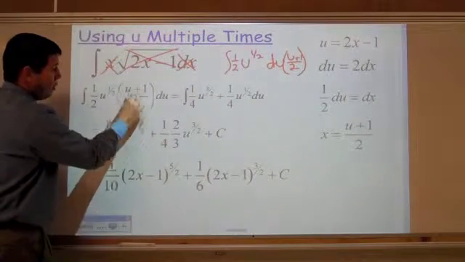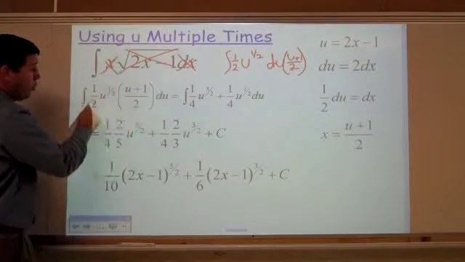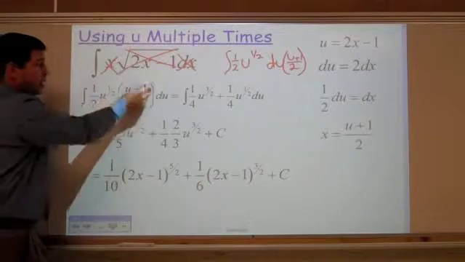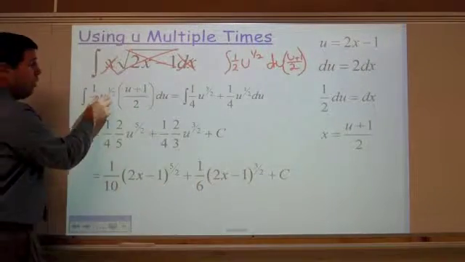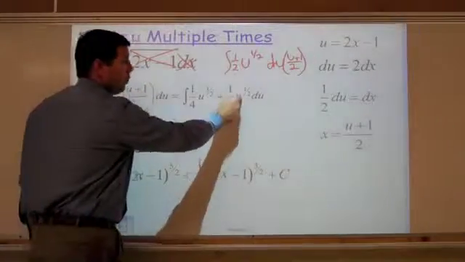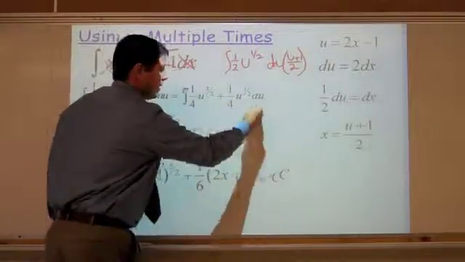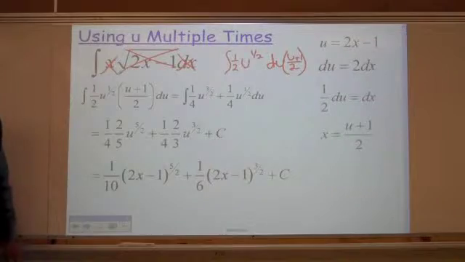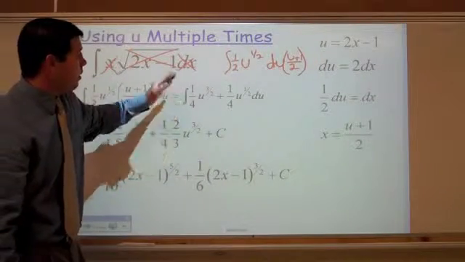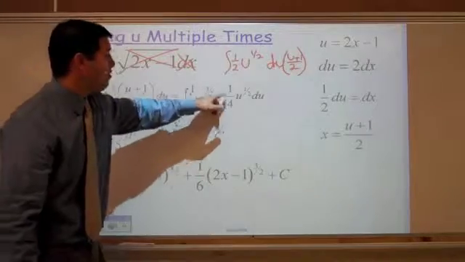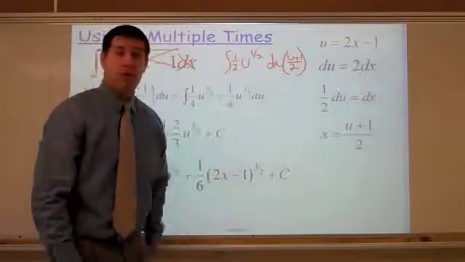Now splitting this into u over 2 plus 1 over 2, I do 1/2 u to the 1/2 times 1/2. The 2's still making a 4 on the bottom. u to the 1/2 times 1 is u to the 1/2. So this is now my indefinite integral: the integral of 1/4 u to the 3/2 plus 1/4 u to the 1/2 with respect to u.